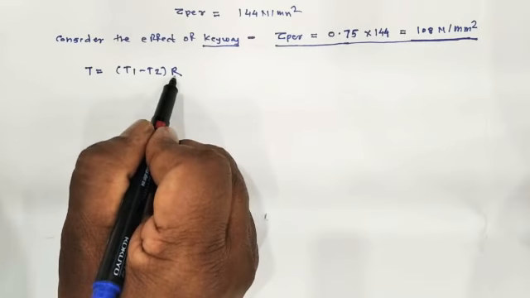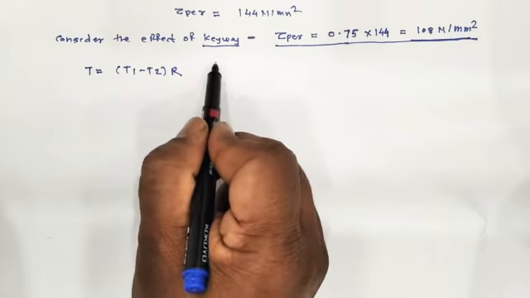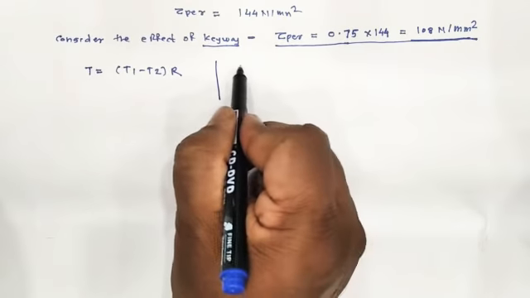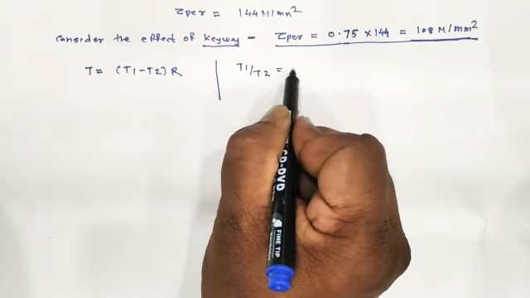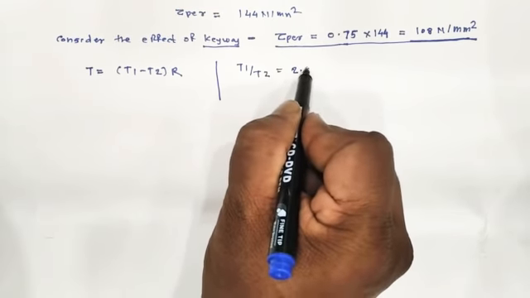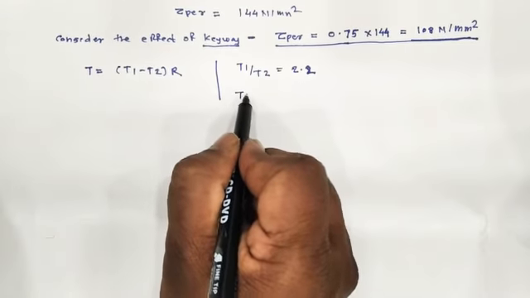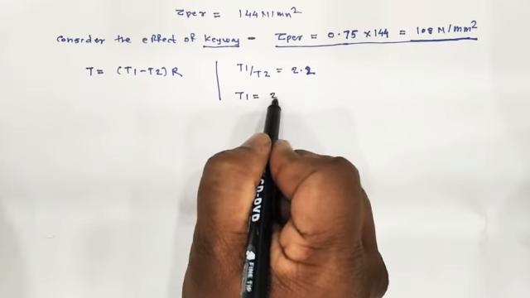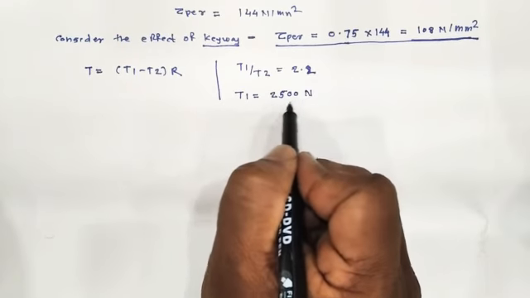We have the value of R, both the pulleys are of the same diameter, and that is equal to 500 mm. So now moving toward the T1 and T2 calculation, we have T1 by T2 is equal to 2.2, and here it is given T1 is equal to 2500 Newton.